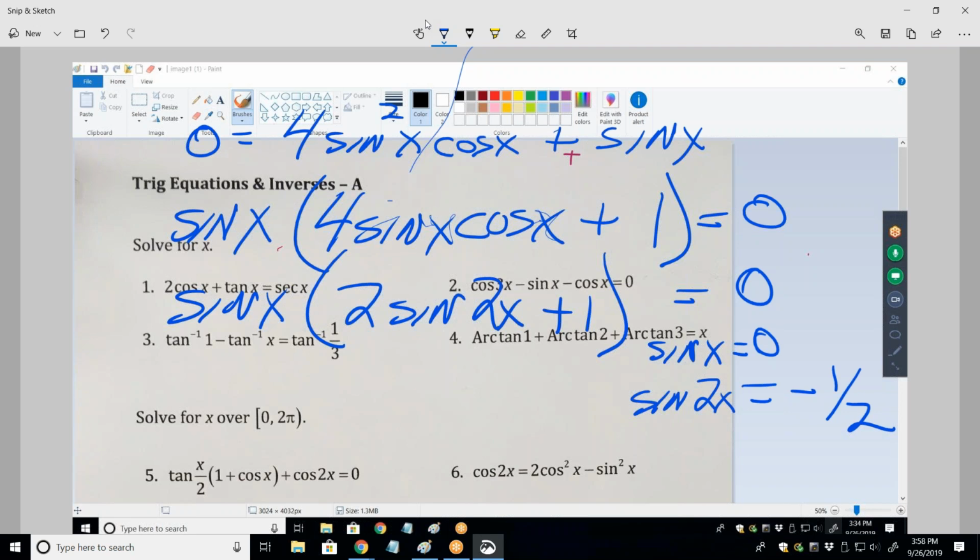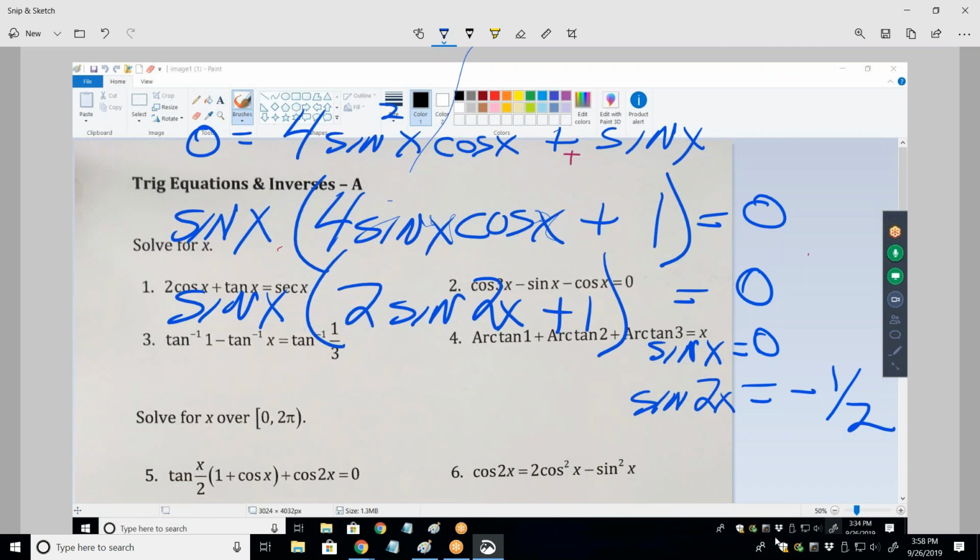Would we just use the sine 2x identity and put it back in? No, what you can do is take the inverse sine of both sides, leaving 2x.